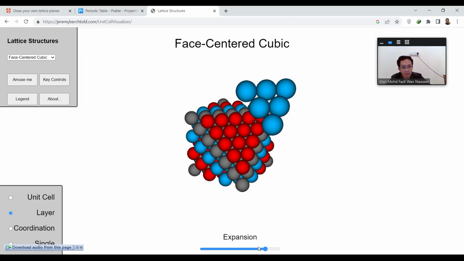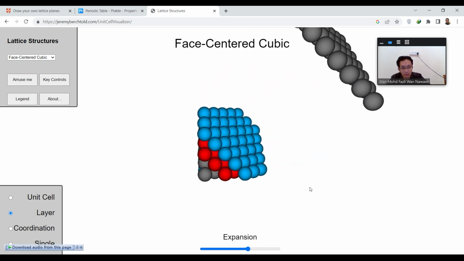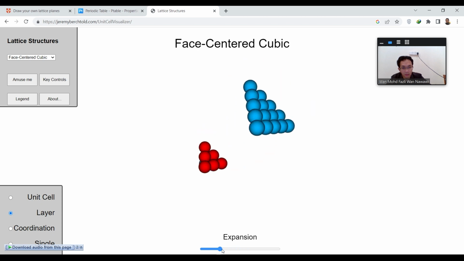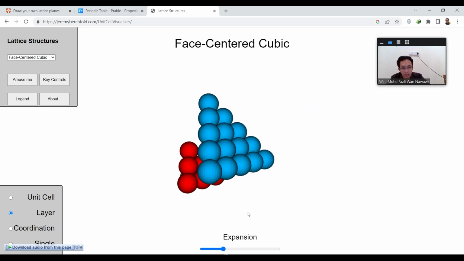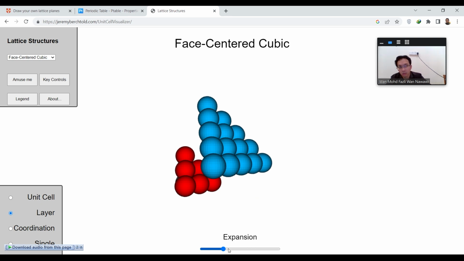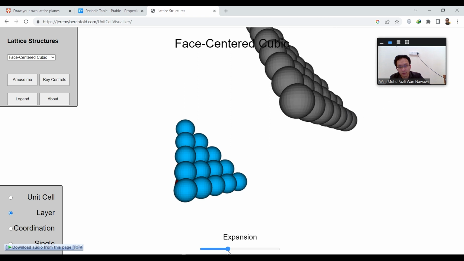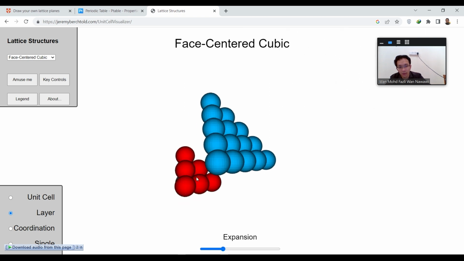So you can see here that at the first, this layer goes up and closes the first hole, the hole made by this red.